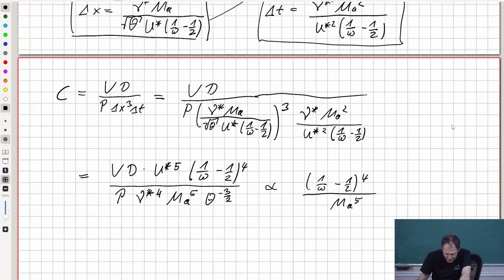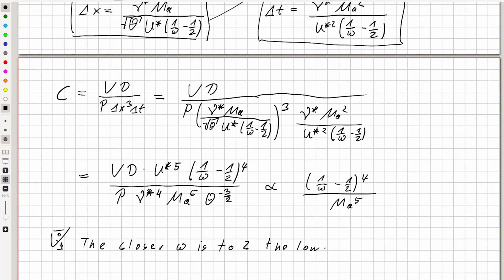So meaning our performance depends a lot on how close we get with omega to 2. The closer omega is to 2, the lower the cost.